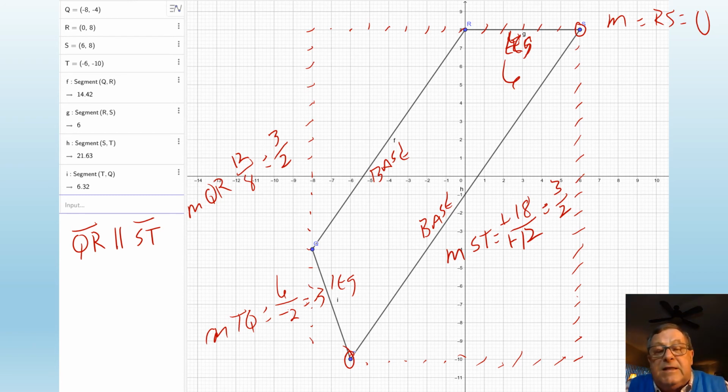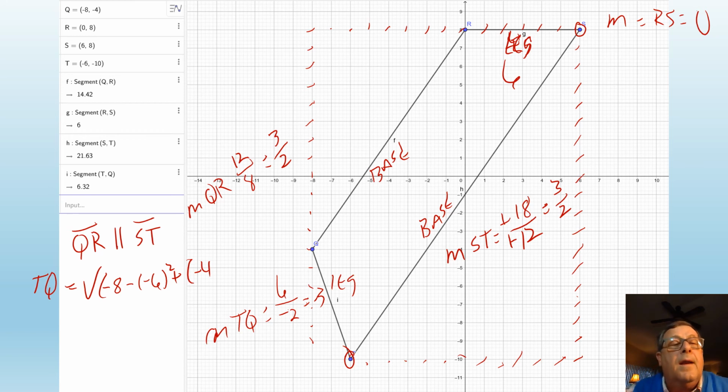Now, it's not quite as easy for TQ. I'm going to need to use my distance formula for that. So TQ, the distance of that, is equal to the square root of, let's see, Q is -8 minus -6 squared plus my y coordinates, Q is -4 minus -10 squared.